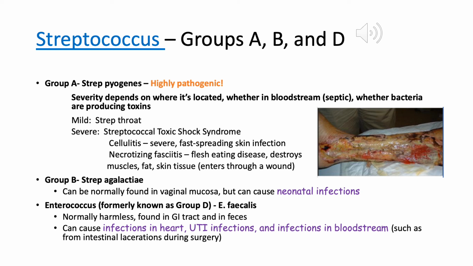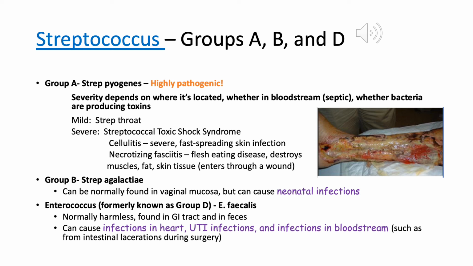There's streptococcal toxic shock syndrome in the bloodstream. There's cellulitis, which is a severe, fast-spreading skin infection. Necrotizing fasciitis, which is a flesh-eating disease that destroys muscles, fat, and skin tissue if it enters through a wound. And that's what you can see in this picture here. So Strep pyogenes, highly pathogenic, especially dangerous in some of these severe diseases like this one, necrotizing fasciitis.